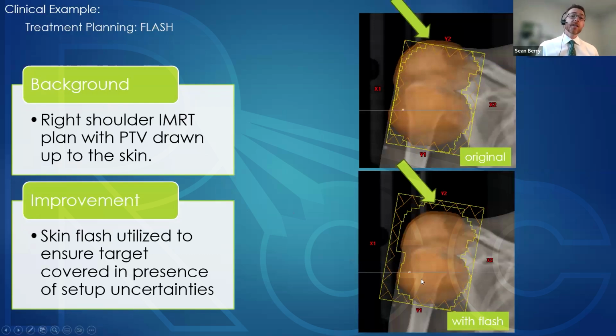And I know different planning systems apply Flash or use Flash in different ways, so I'm not going to get into that specifically here, but as you're reviewing the plan, you definitely would want to make sure that appropriate Flash is being used. So now you see if the patient does move a little bit sup-inf, they still would be in the treatment field and you're still feeling confident that your target would be covered.